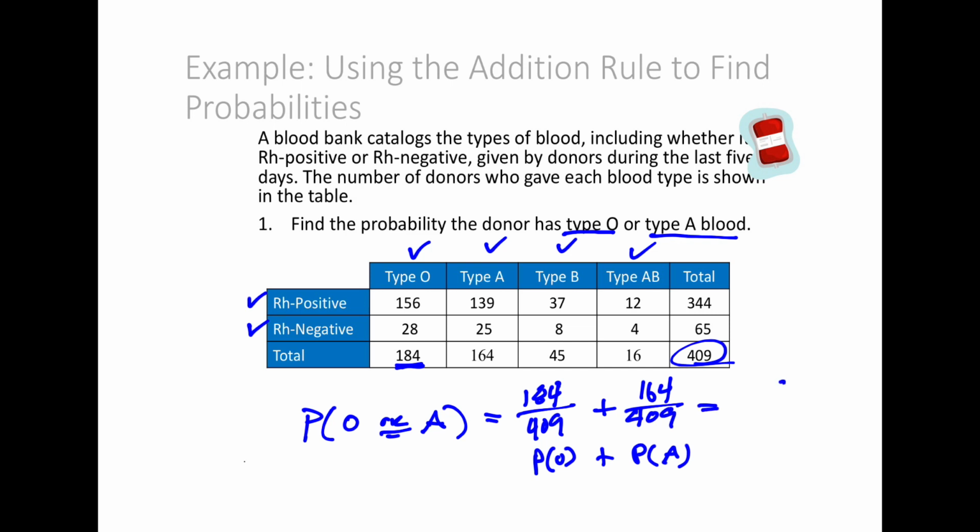Adding these together, that's 348 out of 409. Are there overlaps here? Do I need to subtract? Is there a way to pick someone who is both O and A type blood at the same time? And the answer is no. This would be 0 out of 409. So my probability then, 348 out of 409.